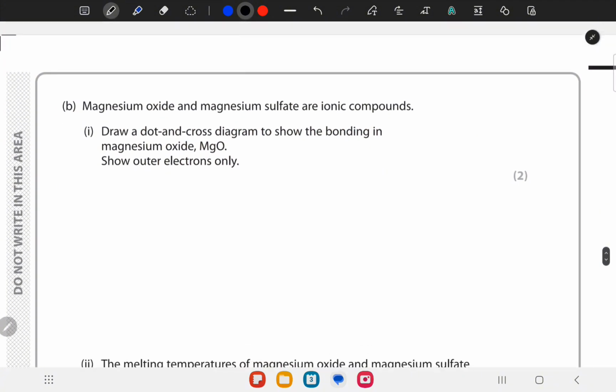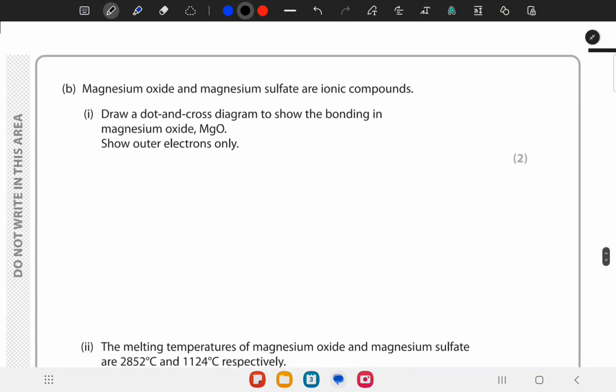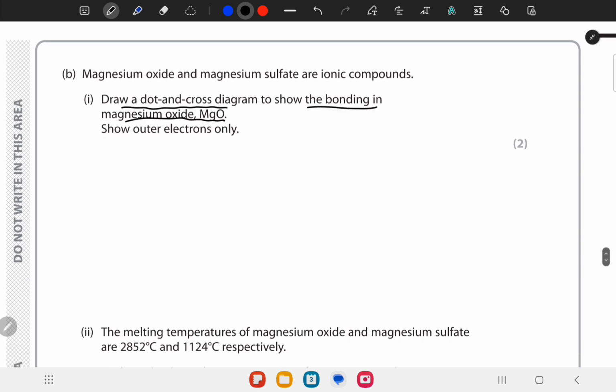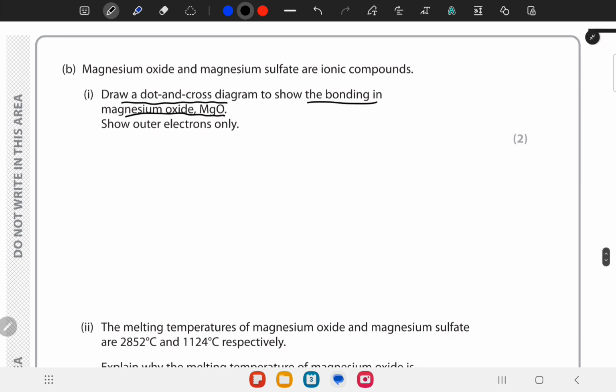Now moving to part B, we have to draw a dot and cross diagram to show the bonding in magnesium oxide, MgO. So this would be an ionic compound. So we'll draw the outer shell of magnesium. The magnesium will lose its outermost shell, so 2 of its electrons, and it would give them to oxygen. Let me draw it in red.